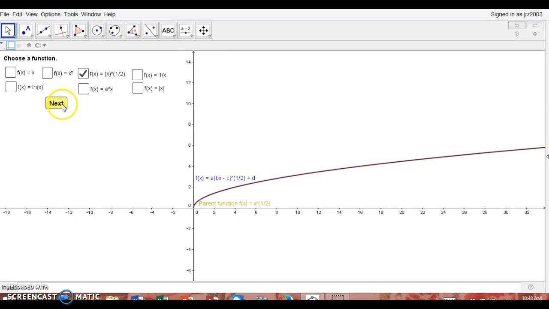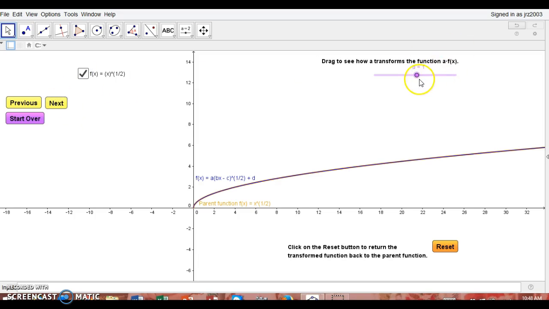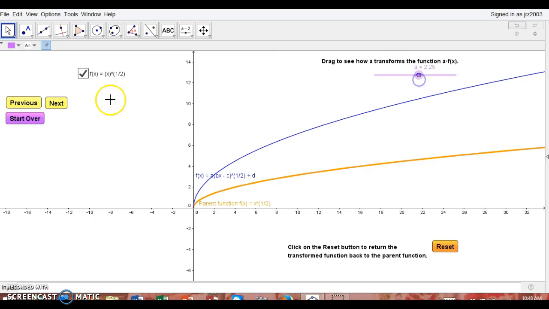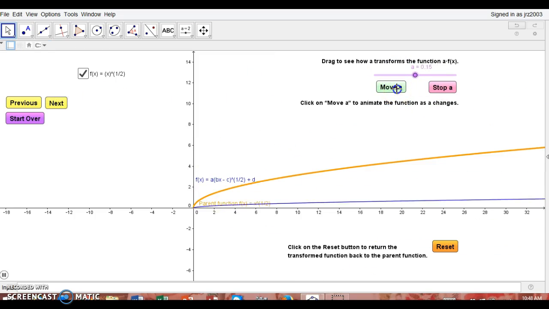Then we have the square root function, and I'll just try to go through these more quickly. Let's see what a does. We can animate a.